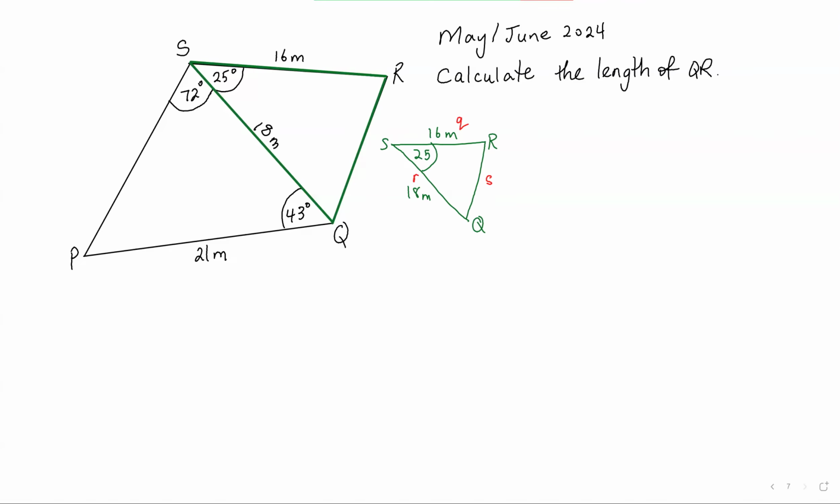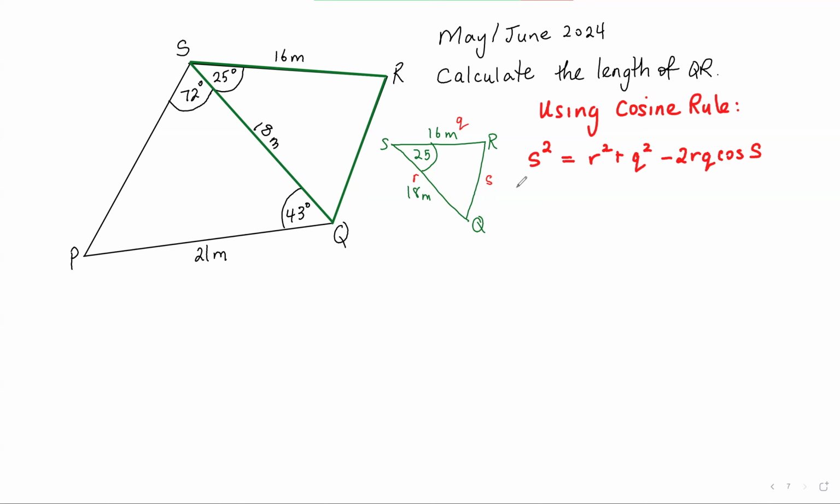So using the cosine rule, S, that's the side we're trying to find, is equal to R squared plus Q squared minus 2RQ cos of S. So S squared is the side we're trying to find.